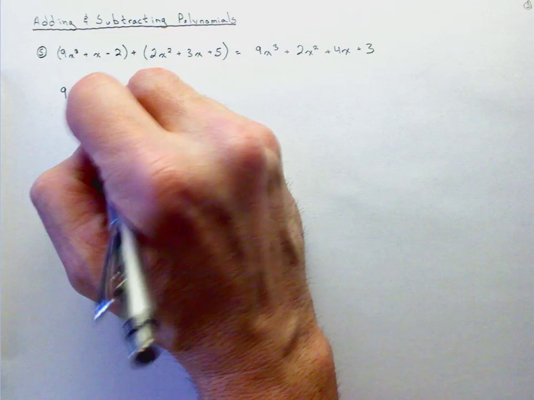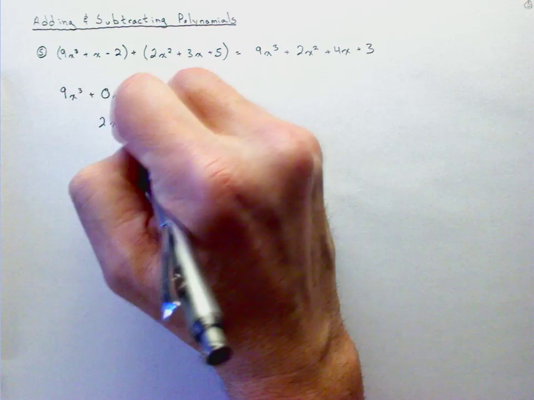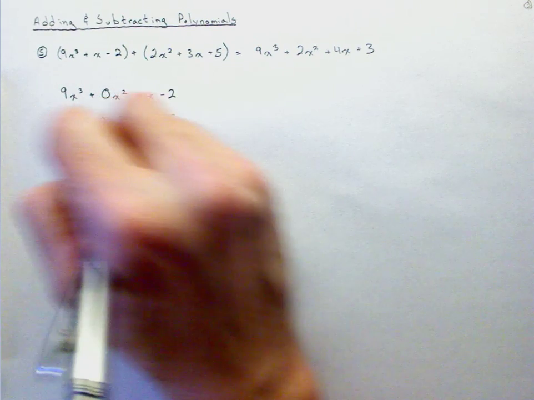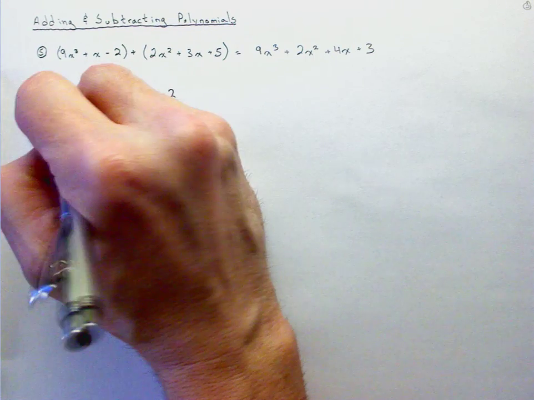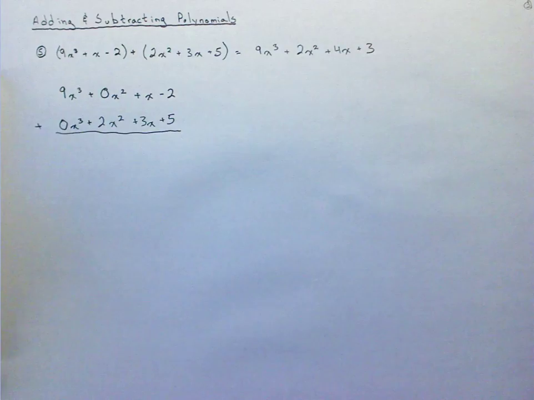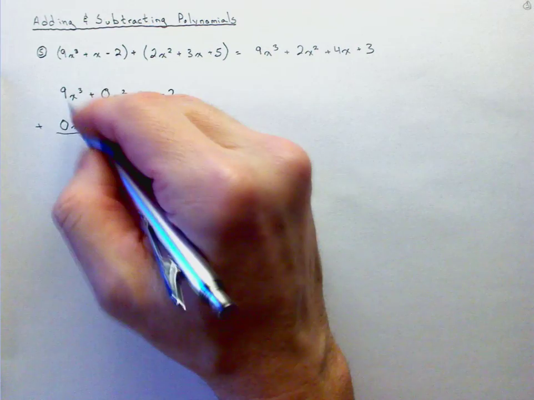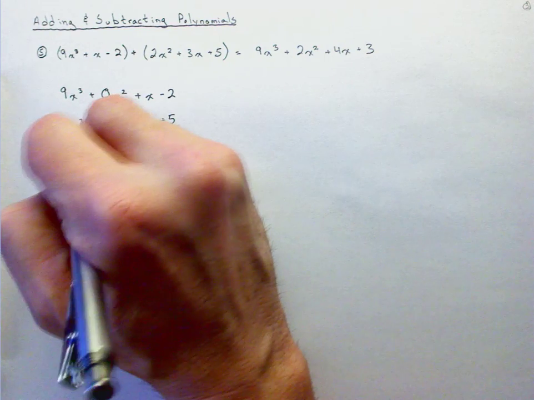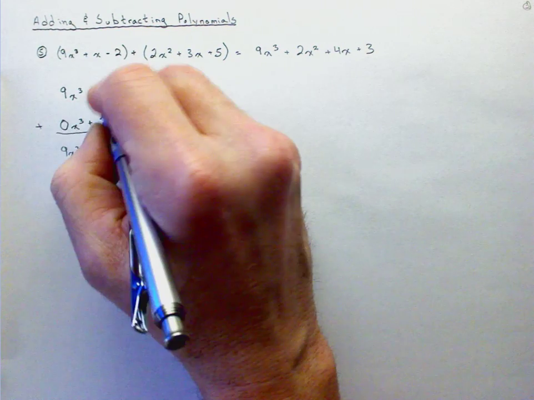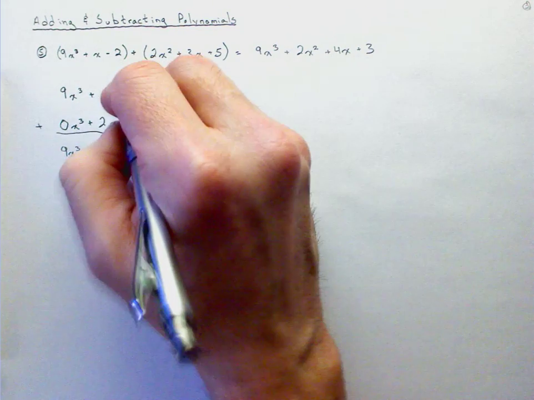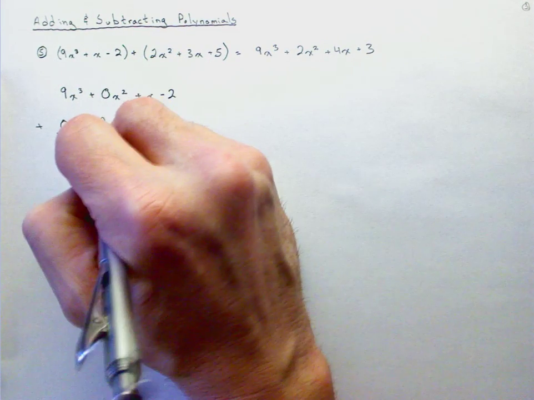Now, whenever I line everything up, I can even write 0x cubed. And now I'll do the math. 9x cubed plus 0x cubed is 9x cubed. 0x squared plus 2x squared is 2x squared.